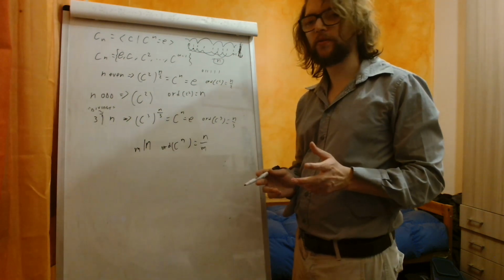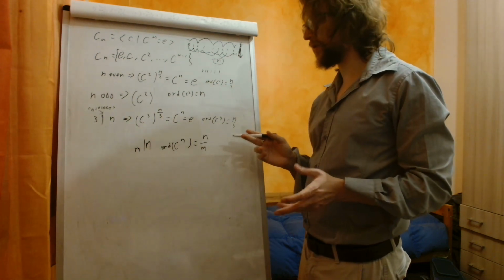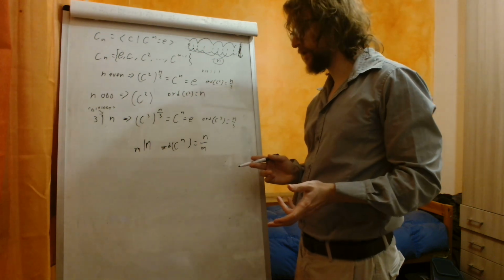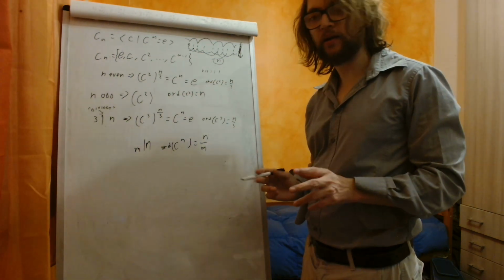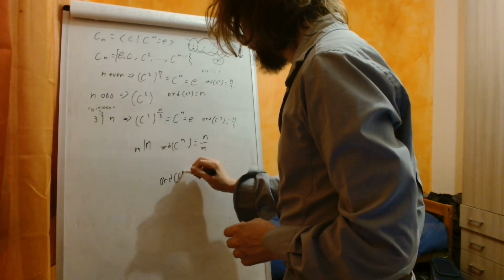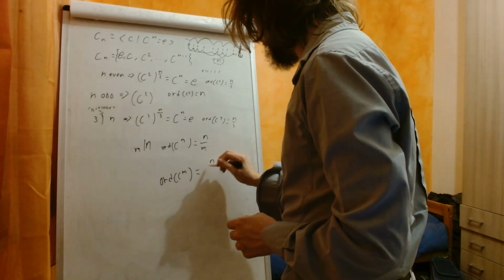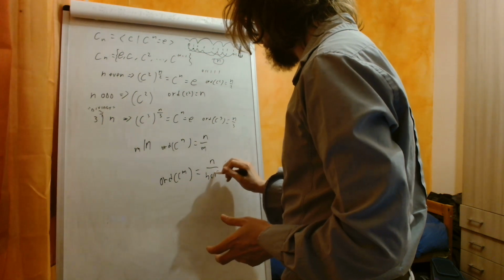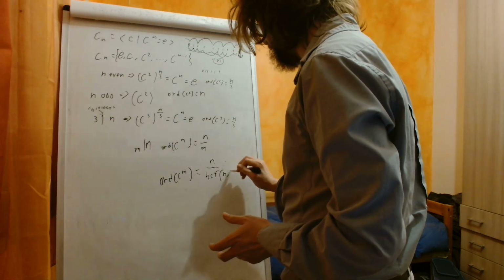If m is coprime with n, so they don't have factors in common, then the order of c to the m will be n. In general, the order of c to the m is n divided by the highest common factor between m and n.